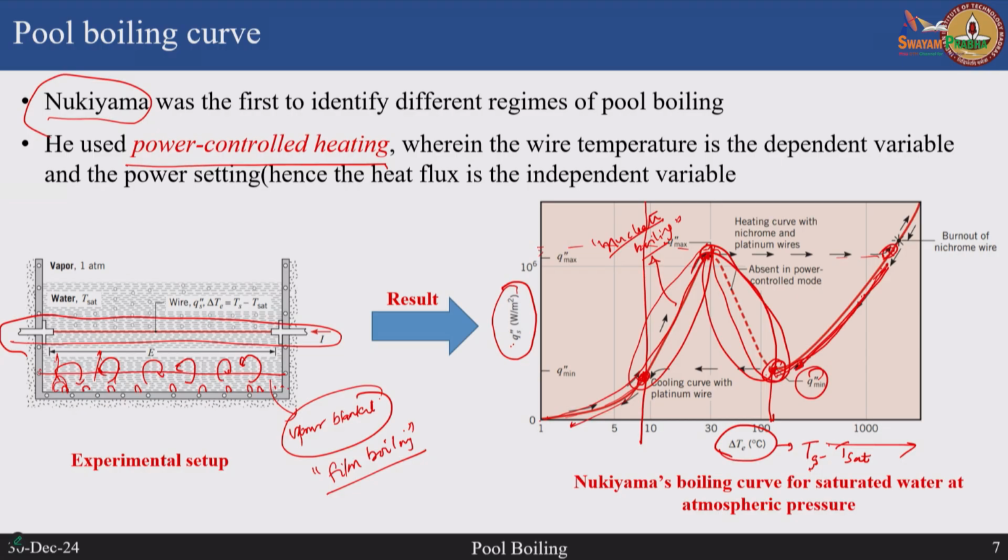The reason we should understand this boiling curve is that, as a designer creating any heat exchanger, the flow rates and so on should be designed in such a manner that you never exceed this critical heat flux. Therefore, you need to know how to predict the critical heat flux for a given condition.